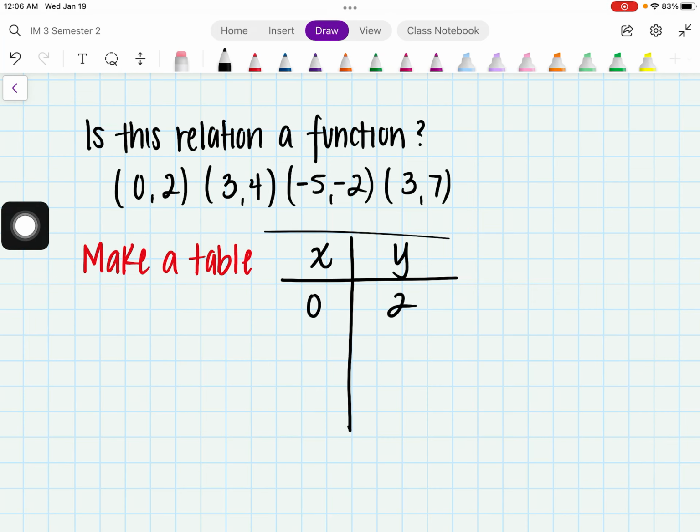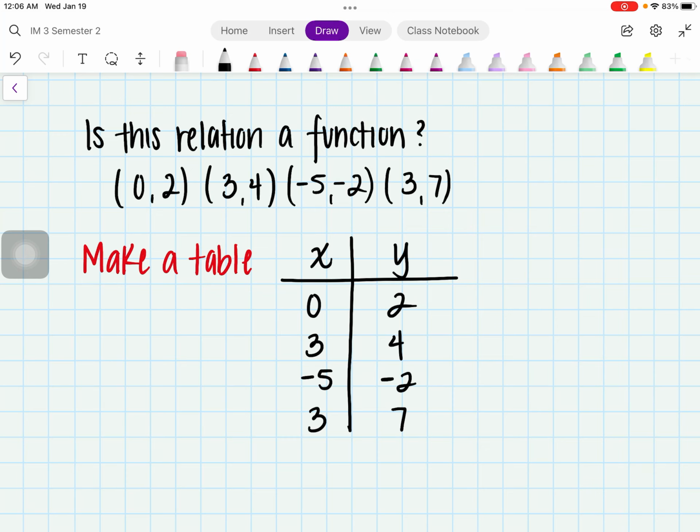Starting off with the first one, (0, 2): 0 is x, 2 is the y. Then I had (3, 4), so x is 3 and y is 4. Moving on to the next one, -5 and -2, and then 3 and 7.